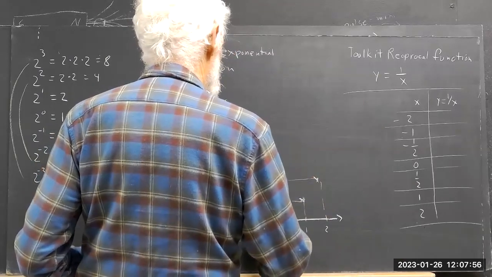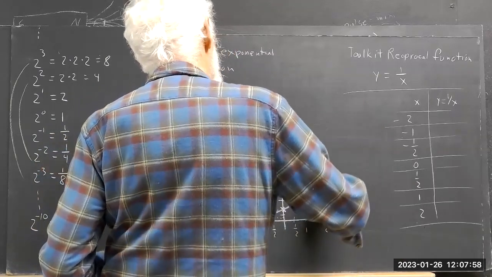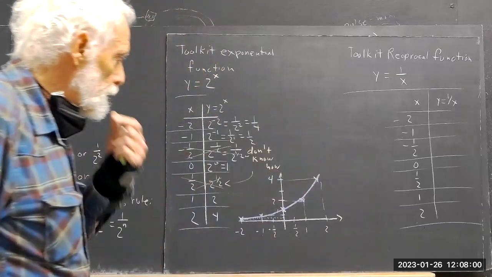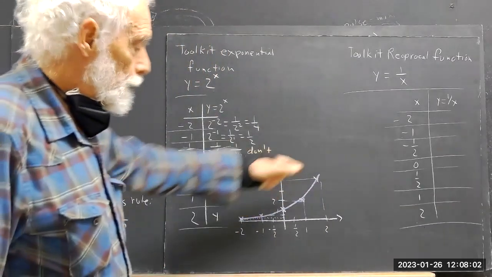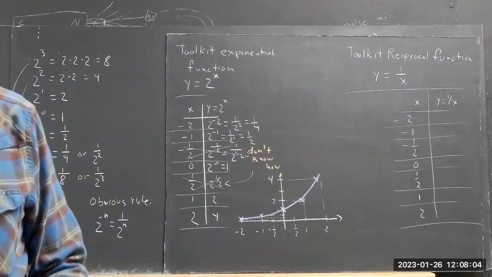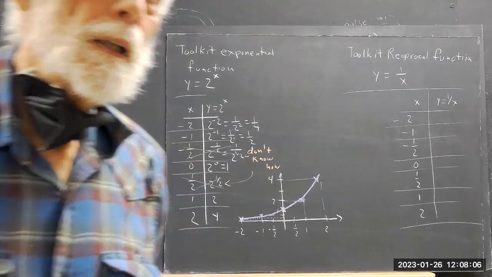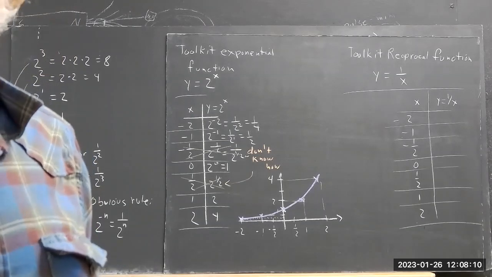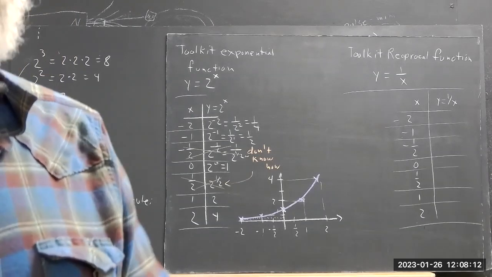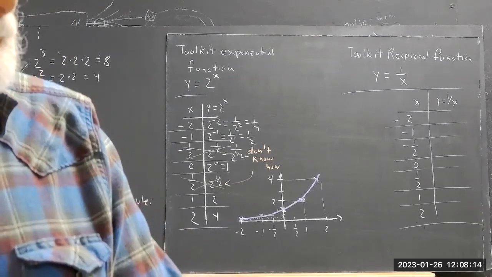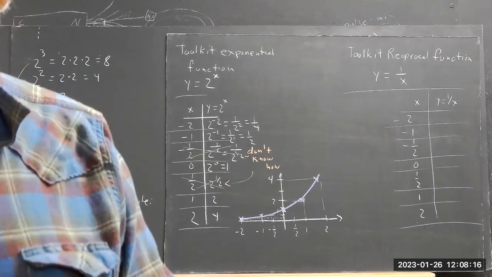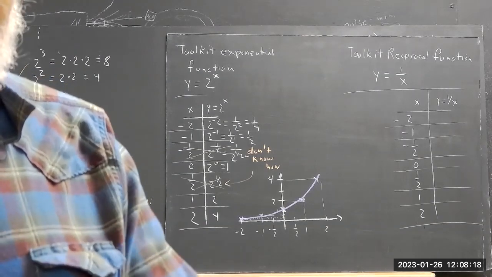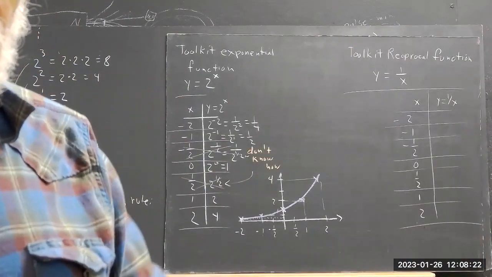Then we have a nice smooth curve like this, and we've already seen it early in the course. This is the curve that gives you the value of an investment of a certain amount of money at a certain interest rate after some years. It shows you how money grows. It also shows you how inflation grows.